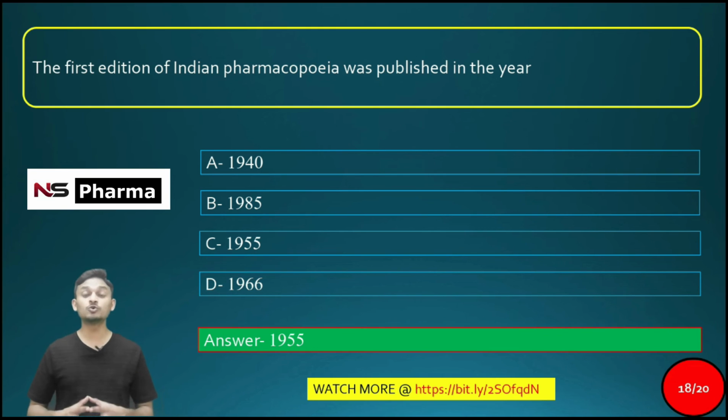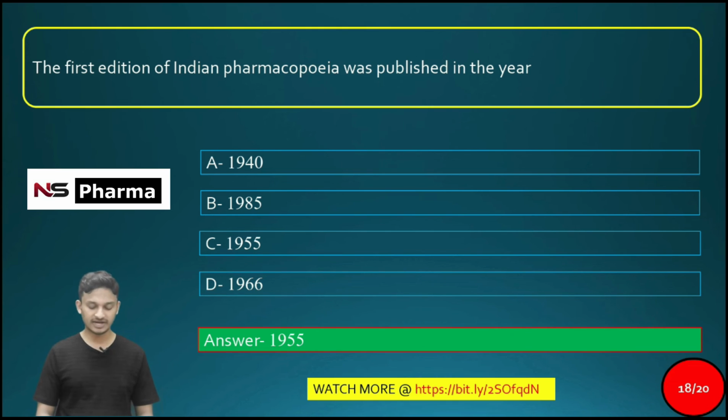Then the fifth edition came in 2007. Then 2010, then 2014, and the last one, that is the 8th edition, and the latest edition is 2018. IP 2018 is the latest edition of Indian Pharmacopoeia.